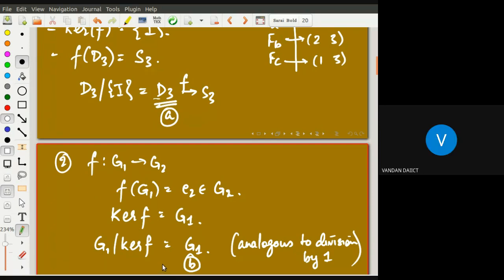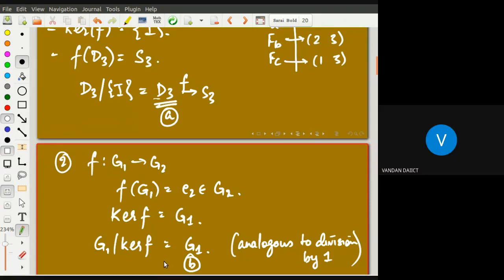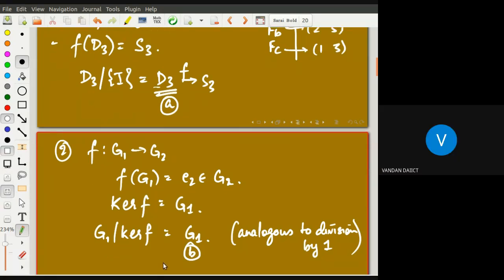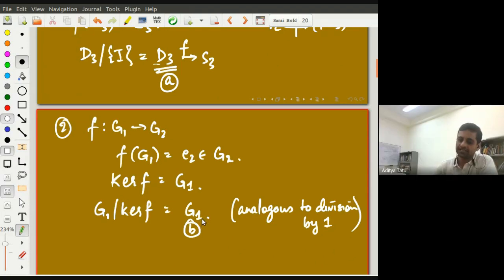Sir, isn't it that the quotient group of D3 with respect to identity will be analogous to division by 1? Sir, here in the second example, you said that it is analogous to division by 1. But yes, sir, it seems like in the first example it is analogous to division. No, so okay, let's take any integer, divide it by 1.